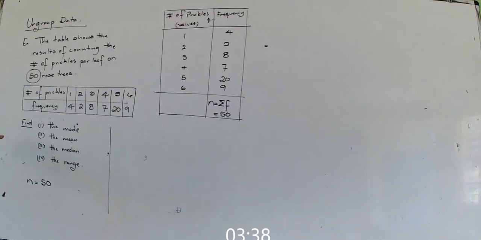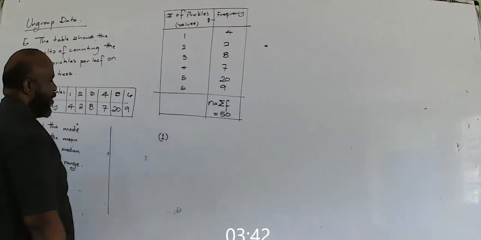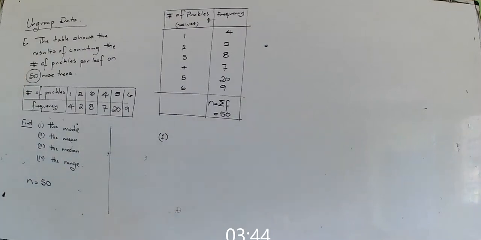Now, the first thing they ask us to find is the mode. As I told you in the previous section, the mode is the value that occurs the most, or the value with the highest frequency. Look at the values and tell me which value has the highest frequency.